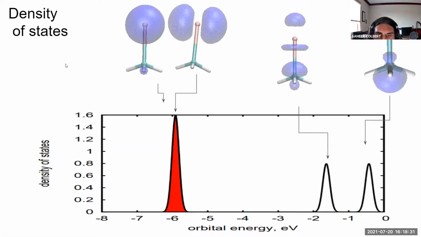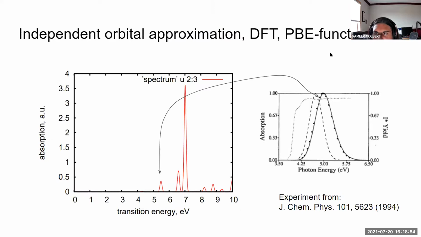So we made a density of states chart, and we can see HOMO minus 1 share the same energy value. Then we have LUMO and LUMO plus 1, and those are shown on the density of states. Then we have our independent orbital approximation.